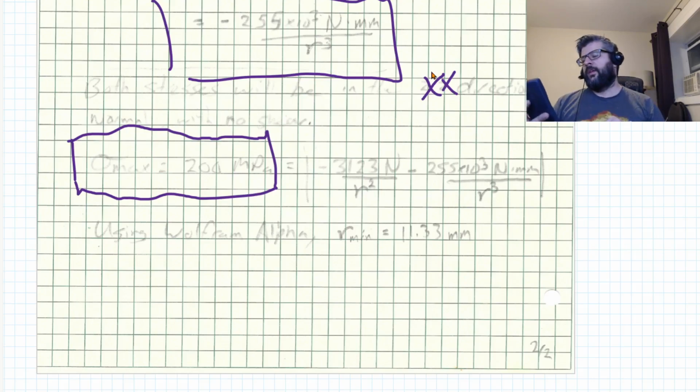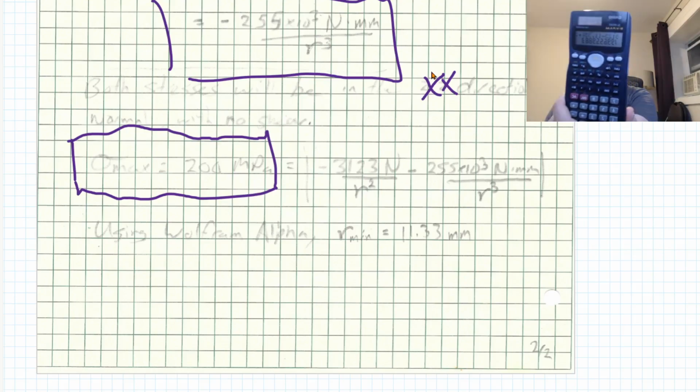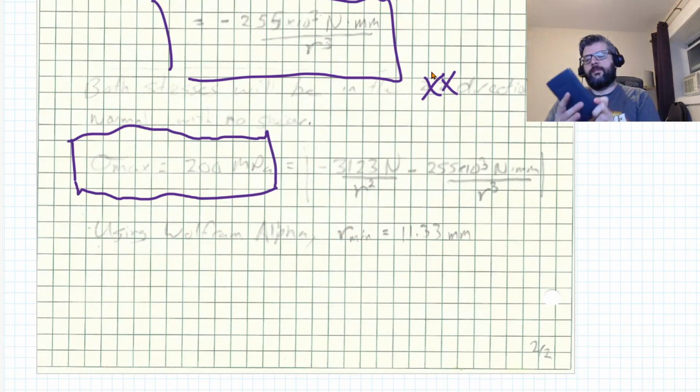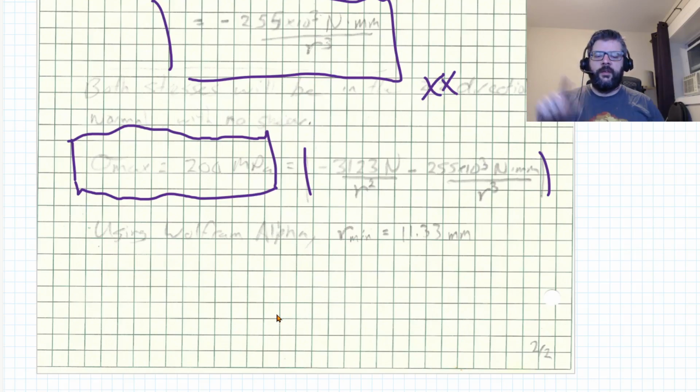So 3123 divided by 11.33 squared plus 255,000 divided by 11.33 cubed, and that gives us 199.6. So it looks like we threw the right values in there. So that is that, and sorry for making that mistake.